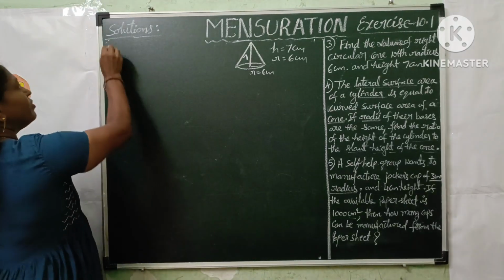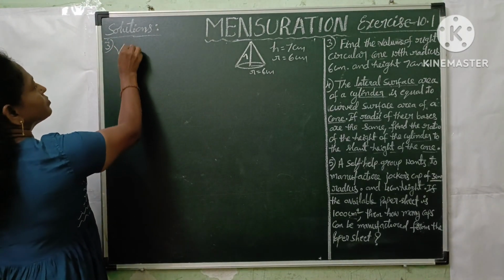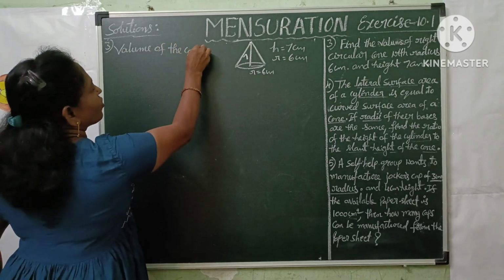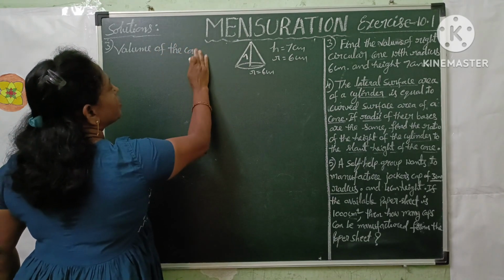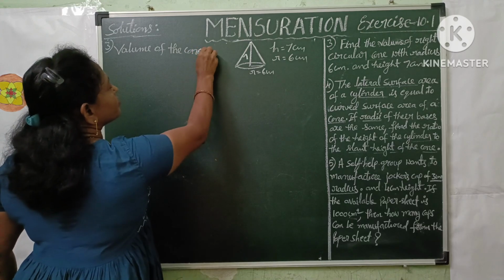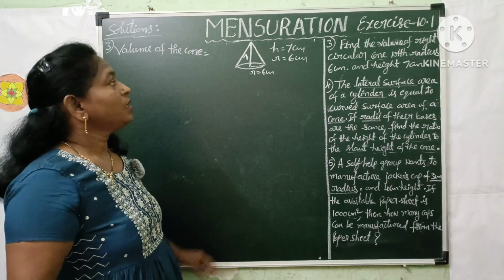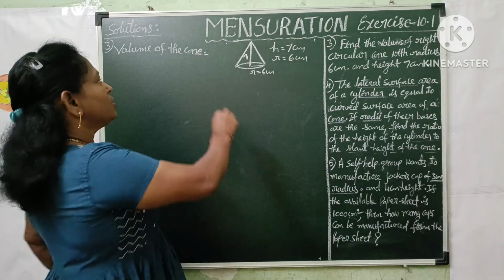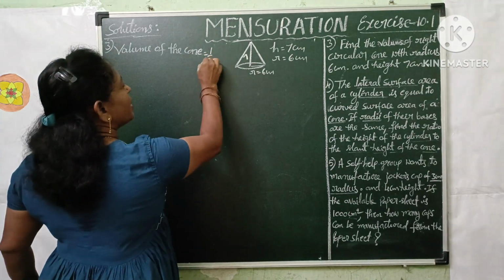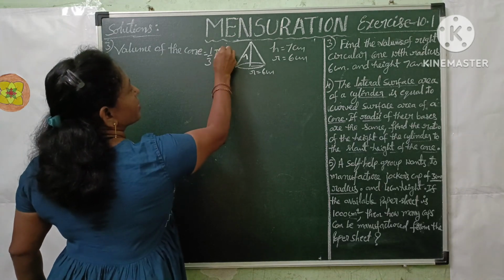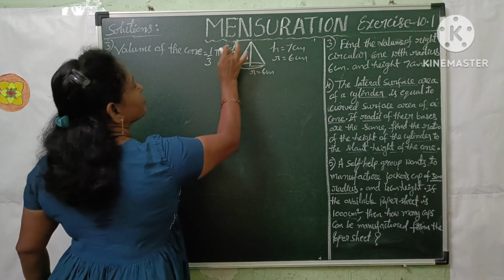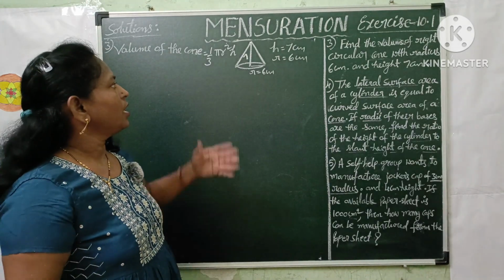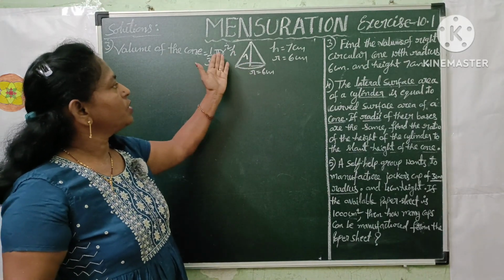So what is the volume of the cone formula? Volume of the cone is 1/3 of the volume of the cylinder, so 1/3 pi r square h. Simply we know the values, radius and the height.